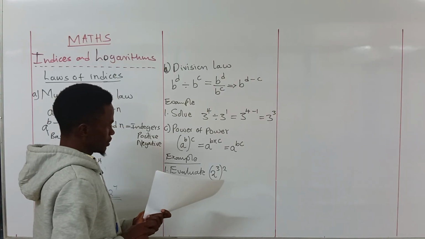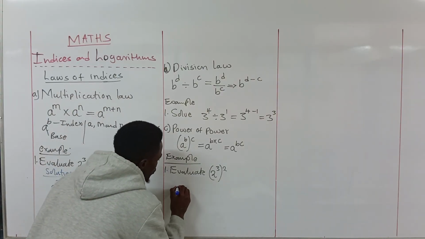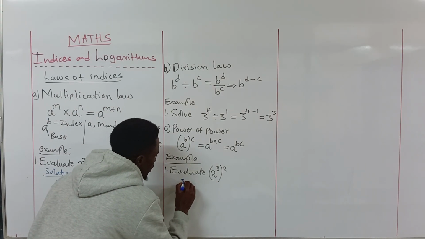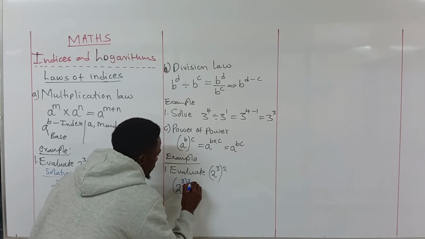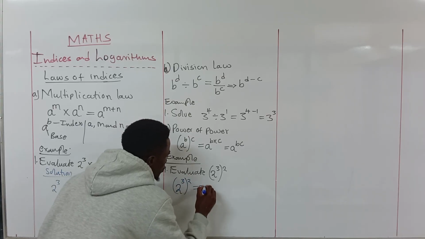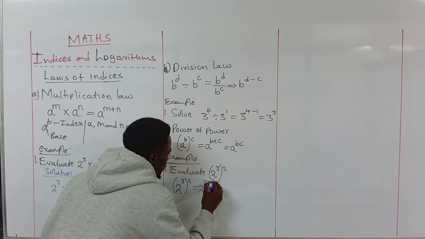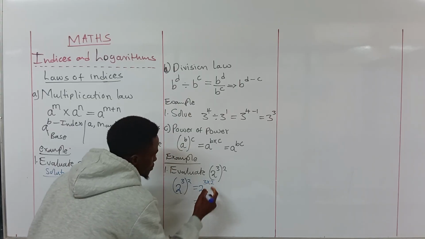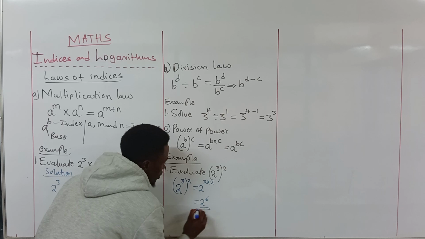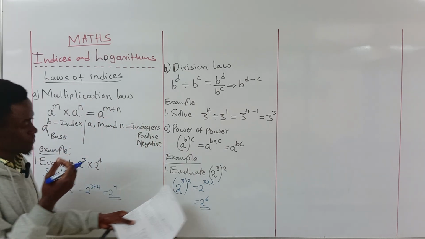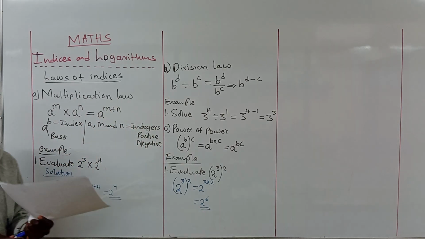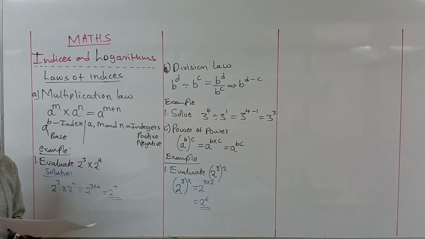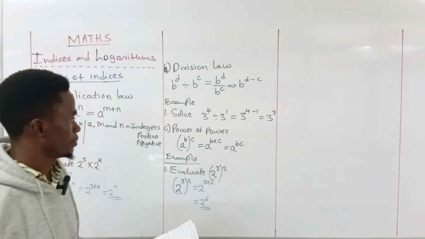Our solution for this case is going to be 2 raised to power 3 times 2, and 3 times 2 is power 6. So in index form, it's going to remain at that position.